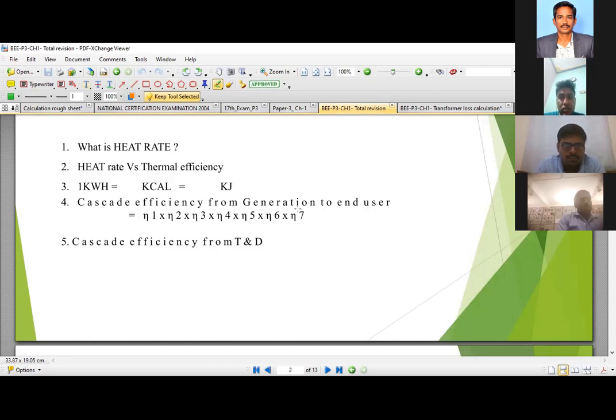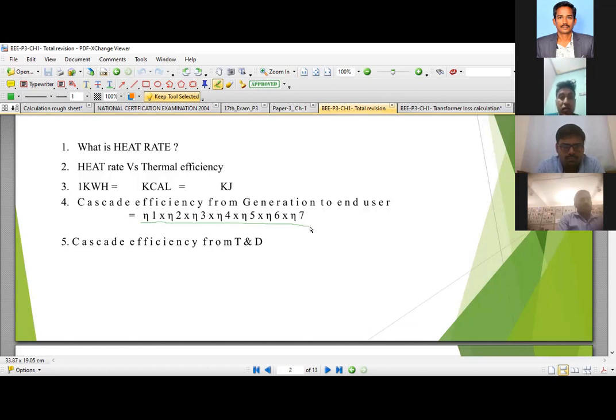Calculation, only they will give the calculations. So generation to end user in full, we have to calculate from generation to end user, full, means N1 into N2 into N3.